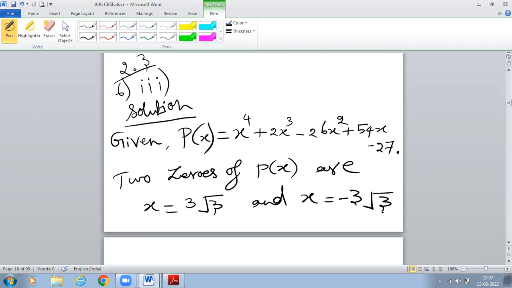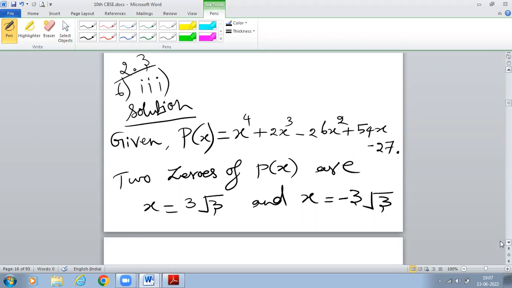With these two zeros, we can form a quadratic factor. First, we form two linear factors with the help of the zeros, then we multiply the two linear factors to get a quadratic factor of the given polynomial.